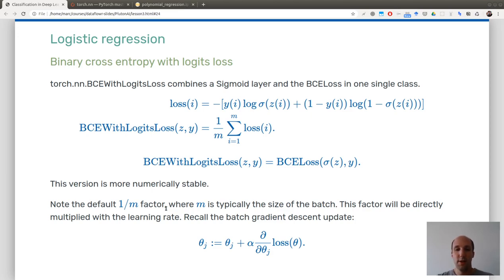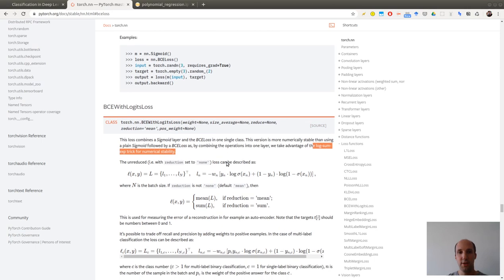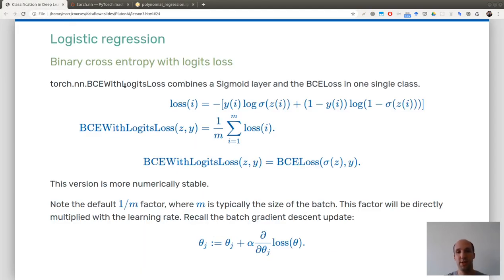But mathematically, they are the same. One last thing is, by default, if you look at the documentation, you see here that reduction is equal to mean. Mean, the same thing as average, which translates here to this average over the samples.